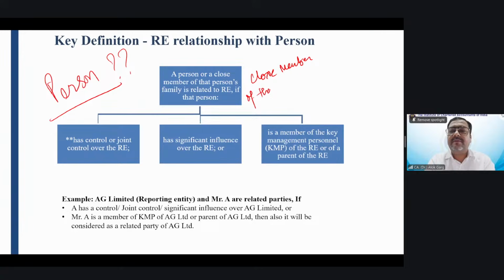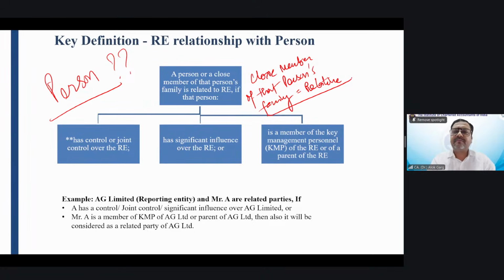What is the meaning of close member of that person's family? The meaning is relative. So we use the word relative in our accounting standard. In Ind AS 24, the word is close member of that person's family. To cut a long story short, it is known as a relative.